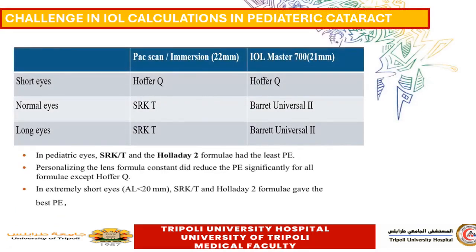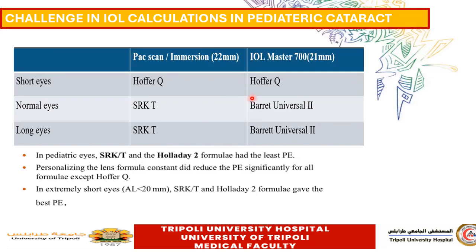Now, the other challenging point that I spoke about in my introduction is the choice of the IOL power calculation formula, and also the measurement itself. I will not speak in detail about the advantage of the IOL Master or optical biometry over A-scan biometry or the immersion technique to measure the axial length, as I will explain this in a separate lecture.